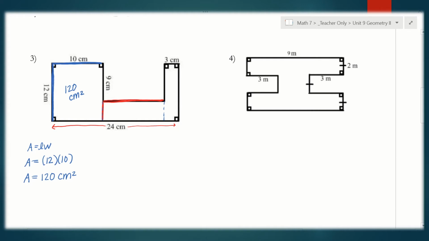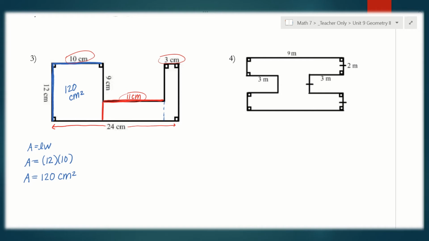And I also know that this side plus this side plus my missing side needs to equal 24. So if I add 10 plus 3, that's 13, and then I subtract 24 minus 13, I'm going to get that my missing side right here is 11 centimeters. Okay, so that's how I would get that side.